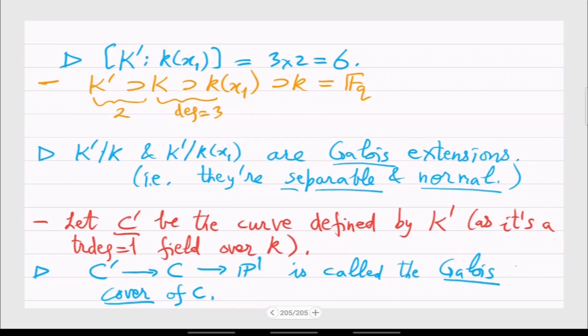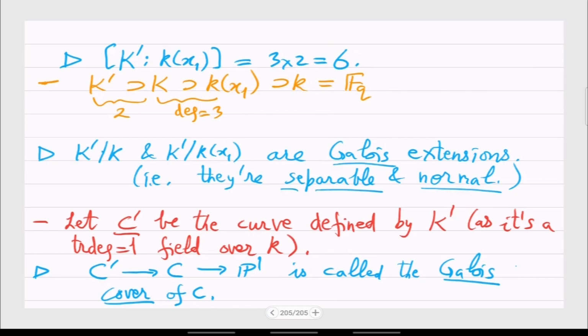I'll discuss this again on Friday, but what it is doing is that on the projective line, if you took a point fixing x1, then you get 3 x2s, 3 points in C. So there are 3 points in C which map to the same point on the line.